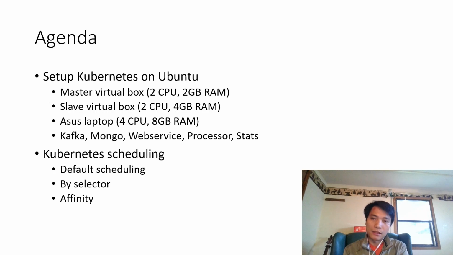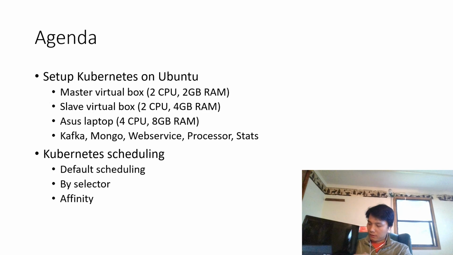The master node is a VirtualBox with 2 CPU and 2 GB RAM, and the slave VirtualBox is 2 CPU and 4 GB RAM, and an AZ laptop with 4 CPU and 8 GB RAM. This is my laptop.